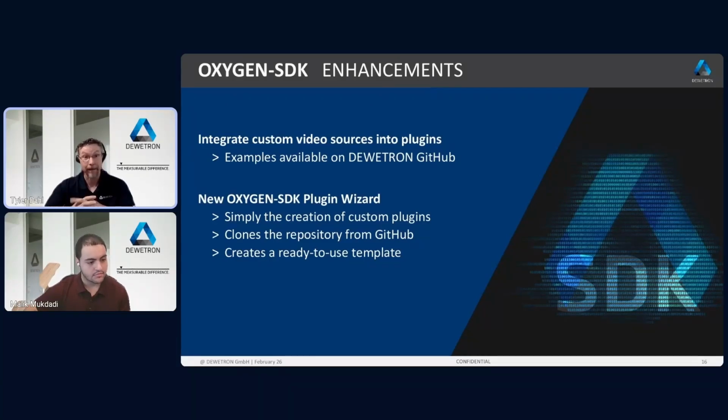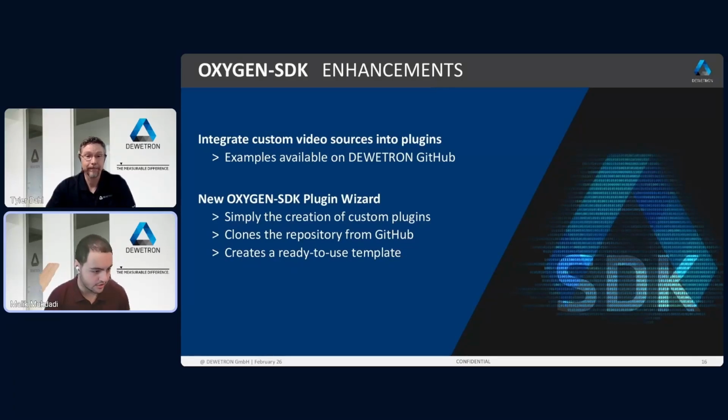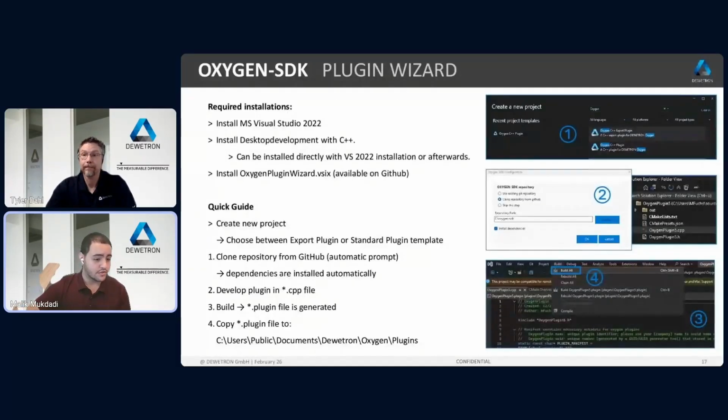And I'm going to have Malik share a little bit of what that looks like now. Yeah, so we now have a new plugin wizard for our Oxygen SDK. This has made it very easy for customers or users to navigate and utilize the SDK very quickly. If you use Visual Studio, you may be familiar with the option of plugins.